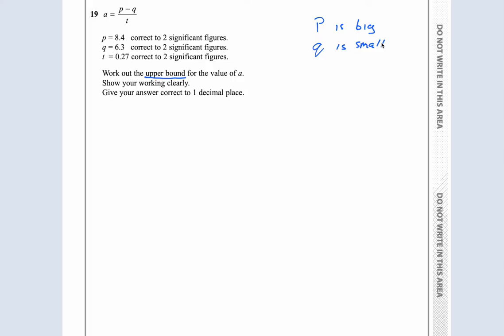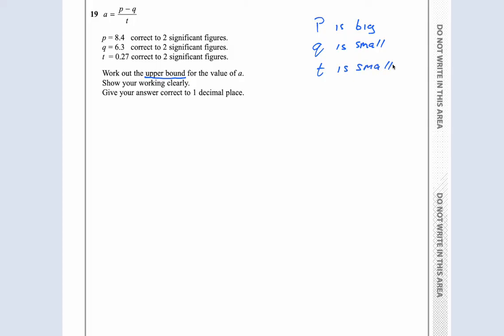You'd say please subtract a small amount. So Q is small. And then I'm going to divide by a number. If you have $1,000 in your bank account and I say I'm going to divide it by a number, do you want me to divide it by a big number or a small number? You want to divide it by a small number. The smaller the better. So T has to be small.